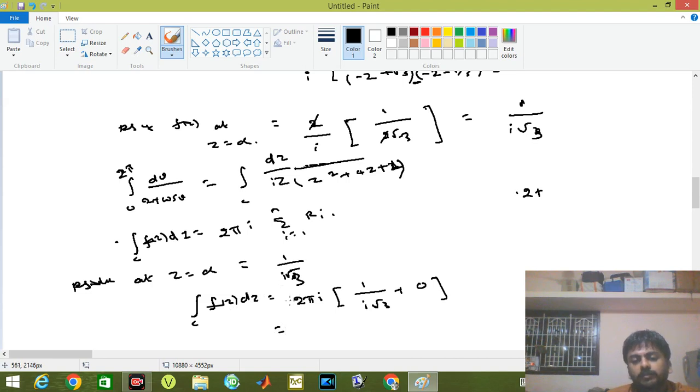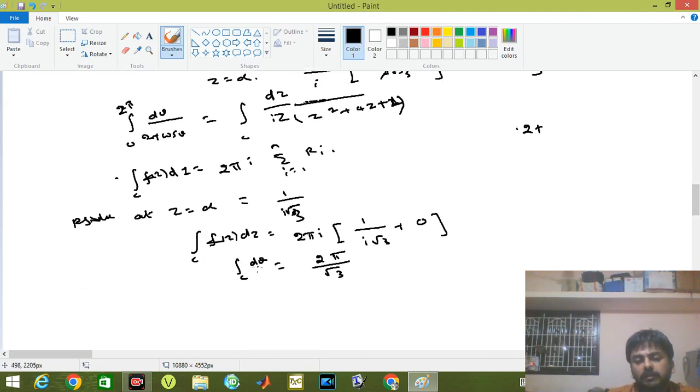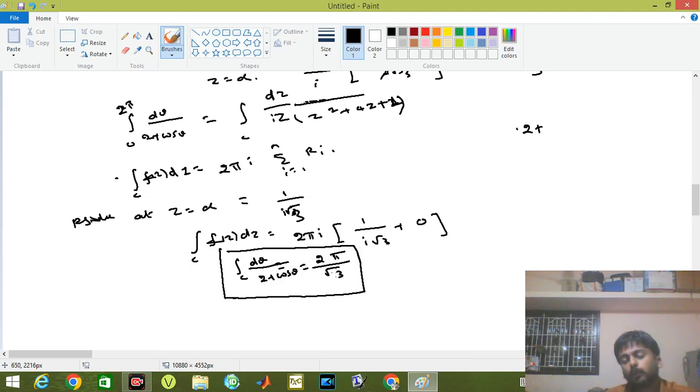That is 2 pi divided by root 3, so the integral d theta divided by 2 plus cos theta equals 2 pi by root 3.